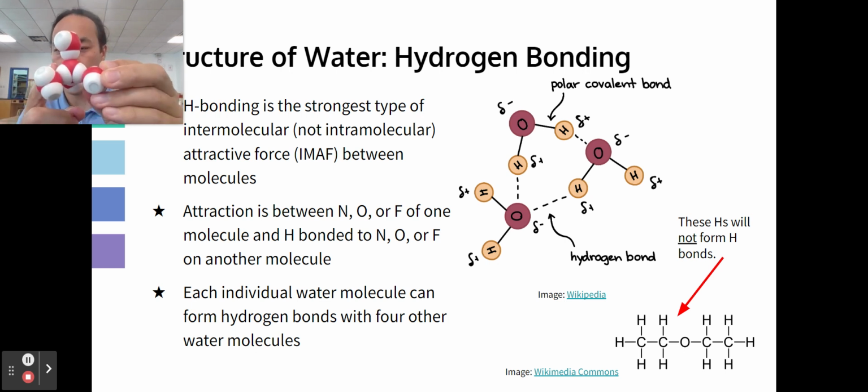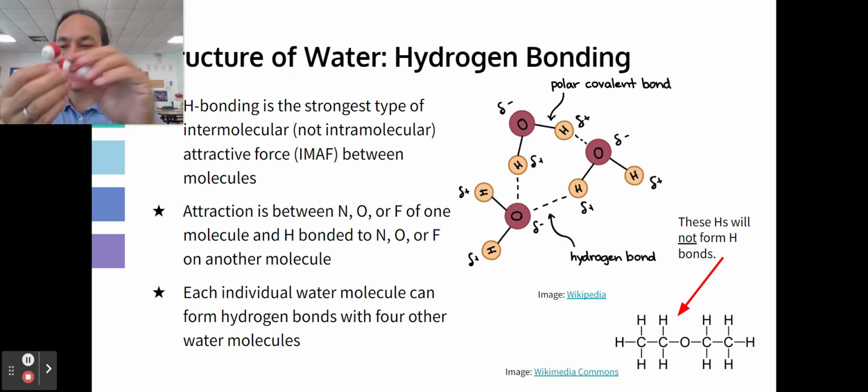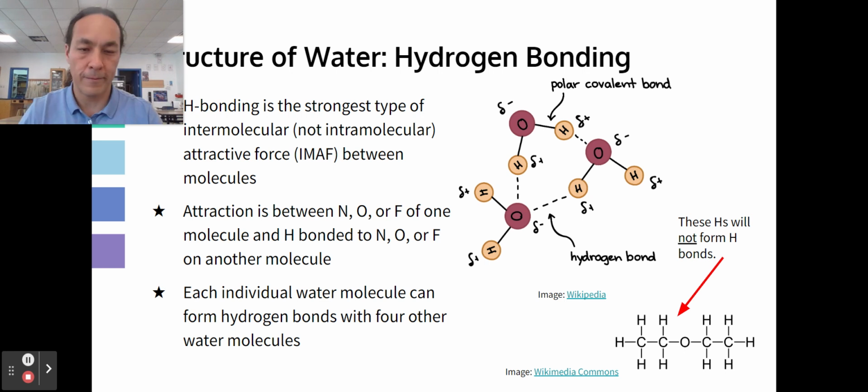So that central one's bonded to 4. These bonds can be constantly broken and reformed. And they give water quite the emergent properties. Now, if you look at this molecule down here, these hydrogens will not form hydrogen bonds because they have an equal sharing of electrons. They are non-polar. That would be like an oil or a fat.